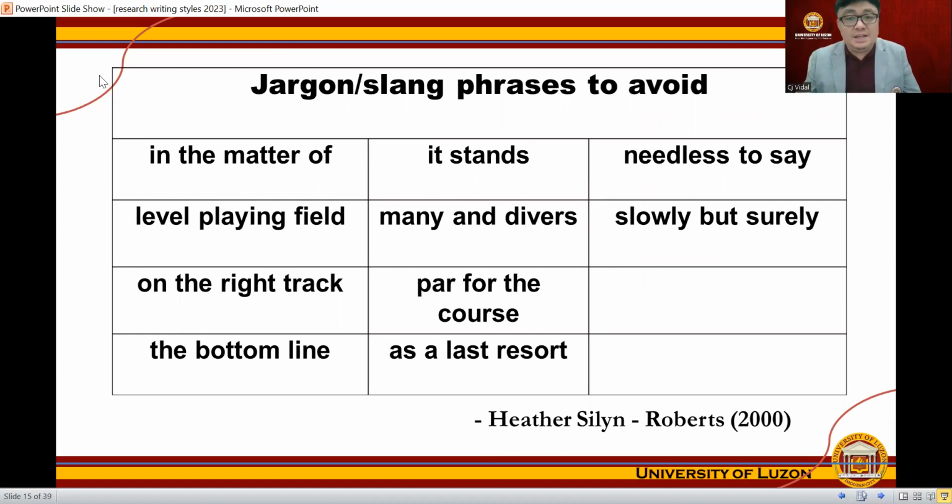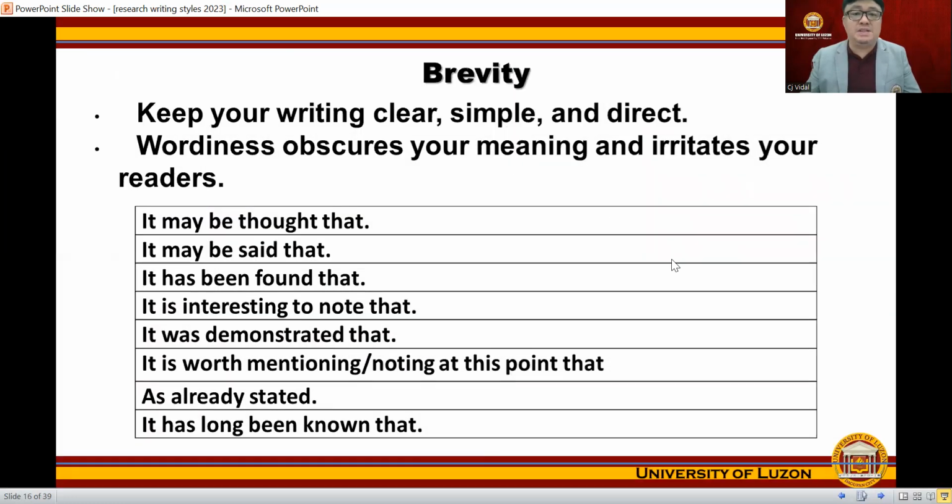Then we have brevity. We keep our writing clear, simple, and direct. Wordiness obscures your meaning and irritates your readers. In scientific research, it is necessary to accurately and precisely describe experiments and analysis rather than describing the methodology in general.